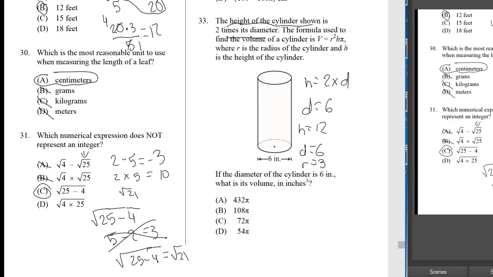So we have everything that we need. V is equal to R squared H times pi, or 3 squared times 12 times pi. That's 9 times 12 times pi, which is 108 pi. Number 33 should be B.